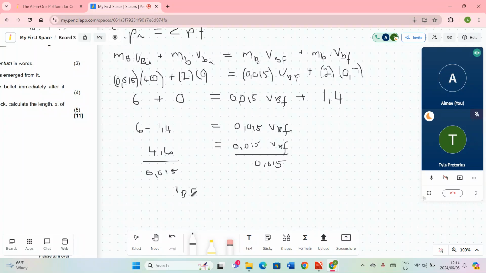So VBF, when you substitute 4.6 divided by 0.015 on your calculator, you should get an answer of 306.67 meters per second.